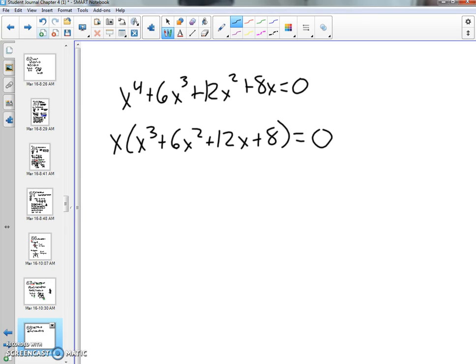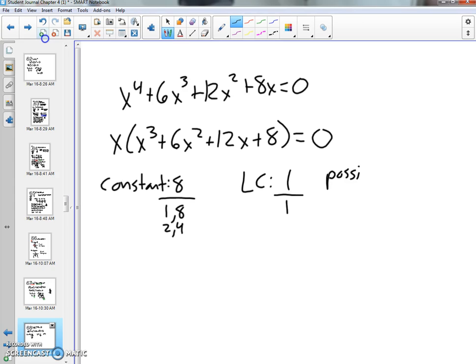So my constant is 8. So I want to list my factors of 8. My lead coefficient is 1, and the factors of 1 are just 1. So for my possible solutions, I'm going to take all the factors of my constant and divide them by 1.